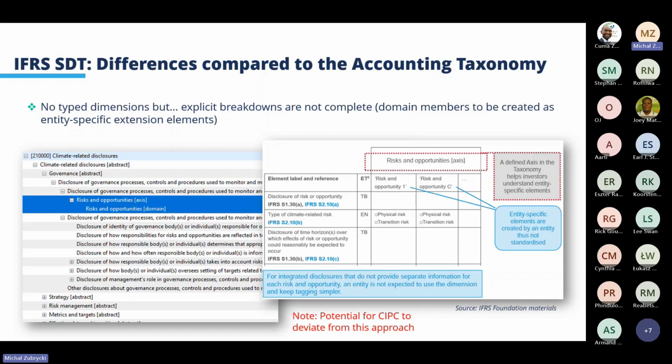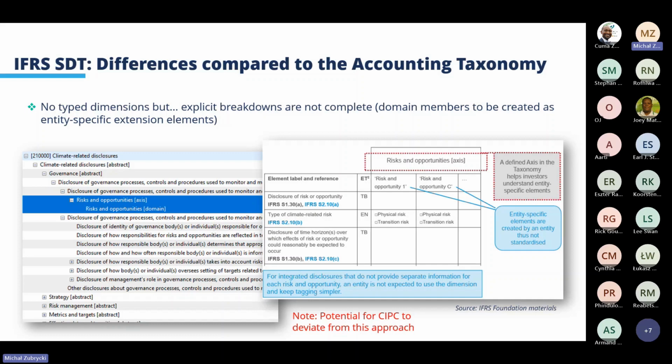Because in the context of type dimensions, the taxonomy is not providing the domain members that the taxonomy users can apply to disclose their information, but instead it is providing simply some sort of a placeholder that allows the users, the reporting entities, to type in their own values that would be considered as members that will be breaking down a given information, a given reportable field, a given line item.